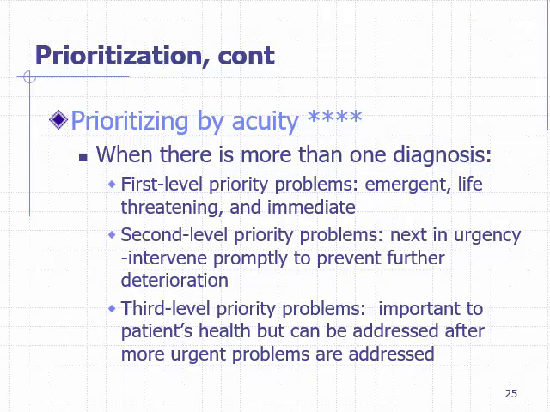For example, anxiety, fear, environmental hazards, physical activity deficits, violence towards others or self, or a knowledge deficit. Or is it a third-level priority problem? These are important to the patient's health, but they can be addressed after more urgent problems have been addressed.